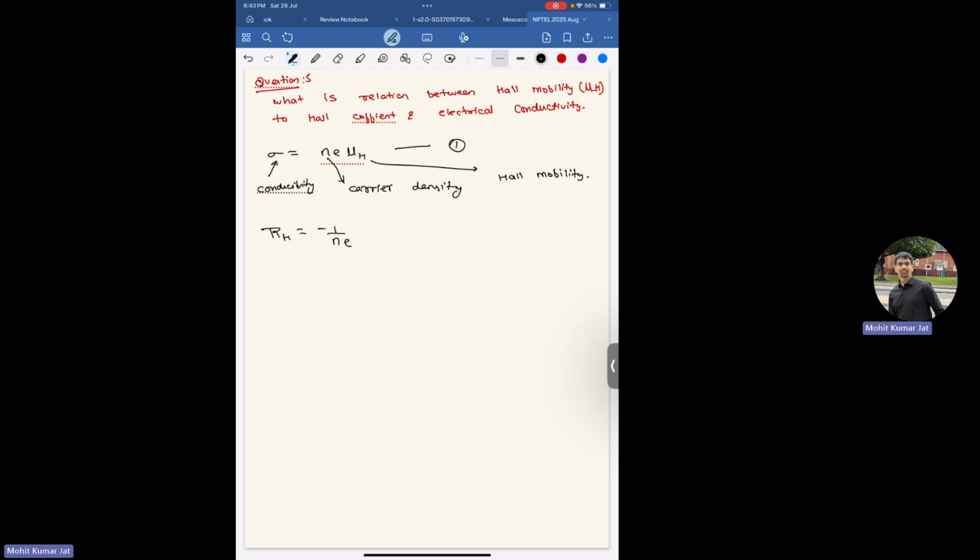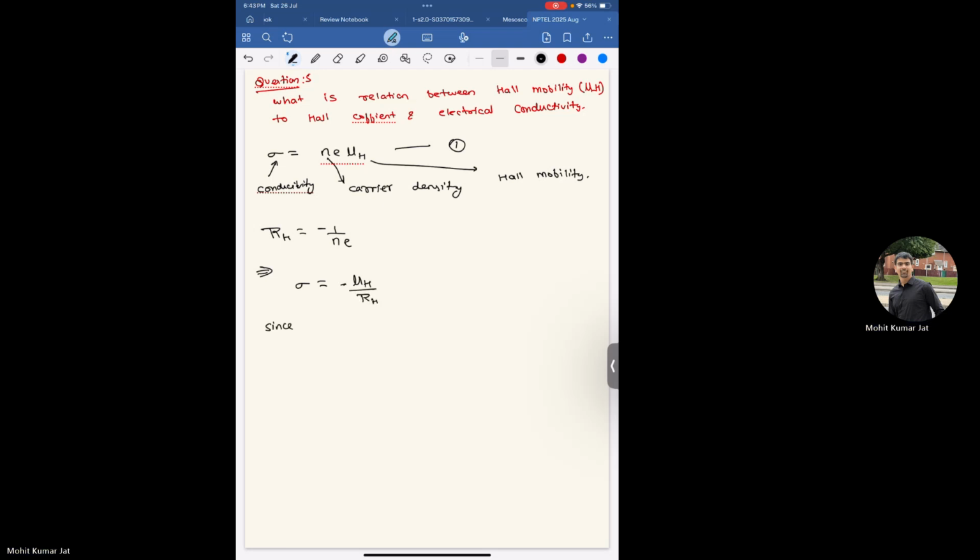If you combine these two, instead of this, sigma is equal to, you substitute the value of 1 by Ne, so it will be mu h by RH, negative.